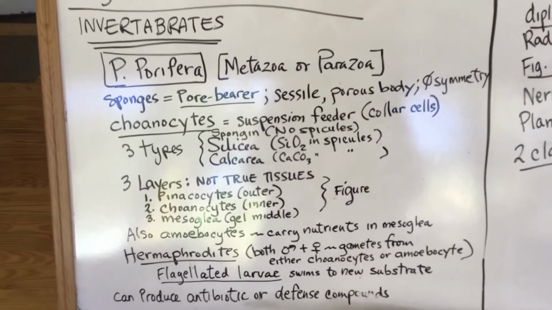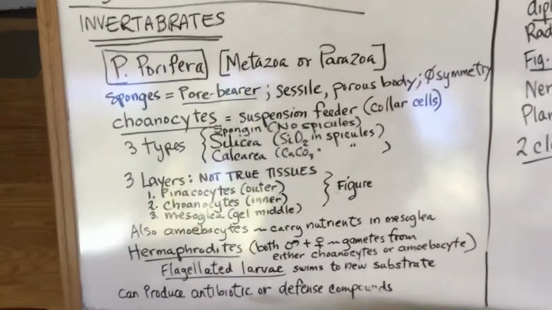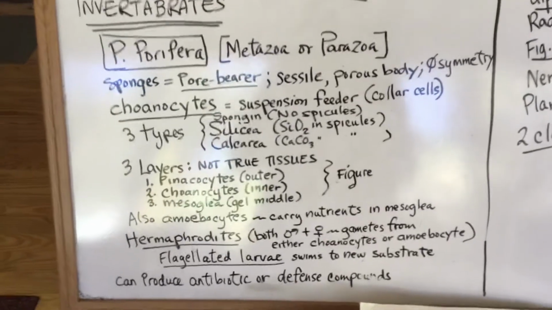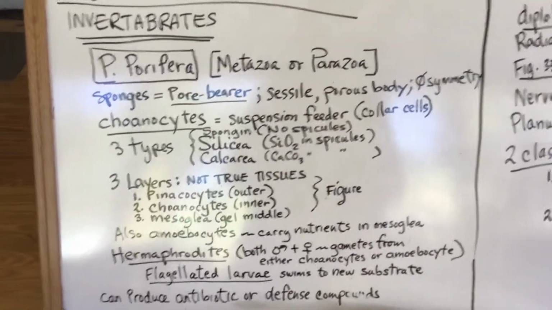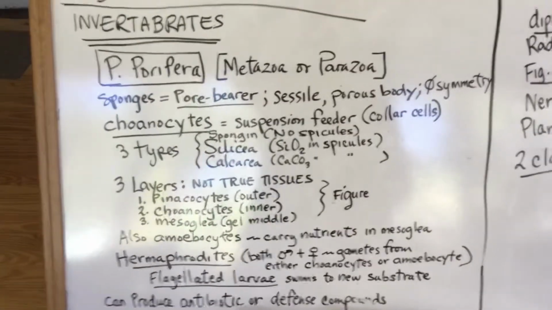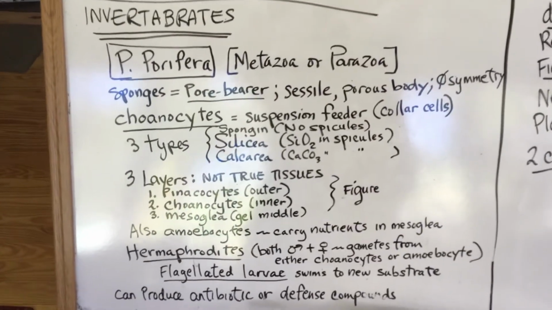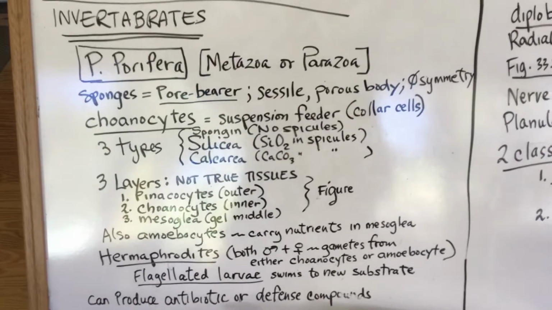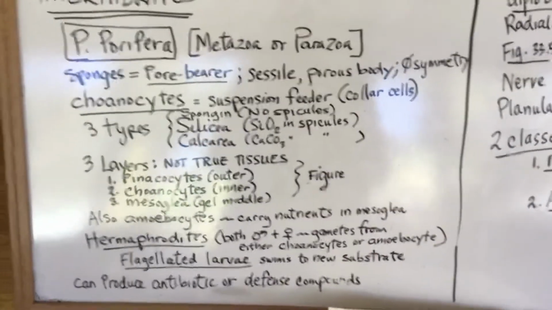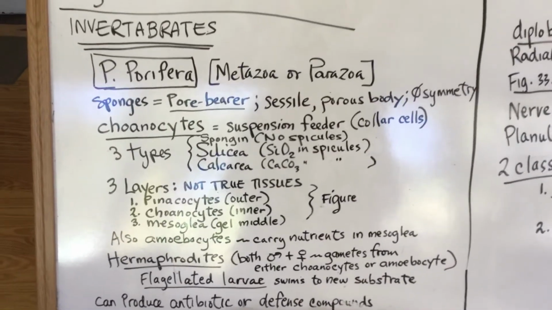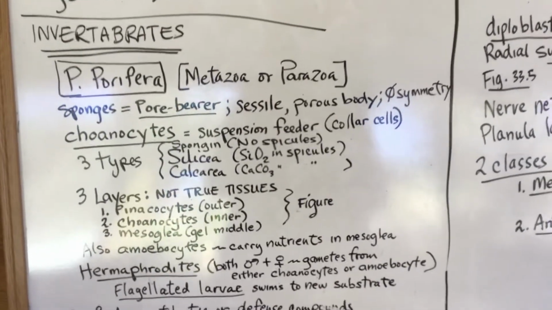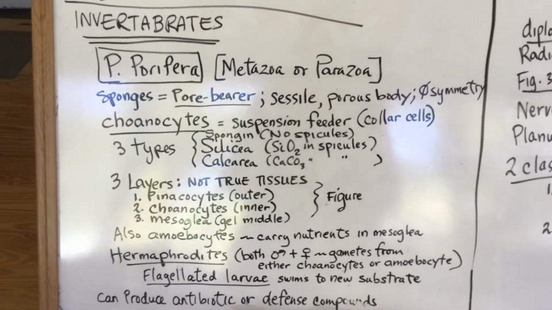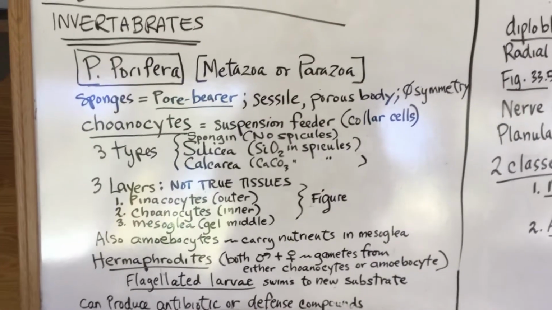These are the sponges. So they are considered metazoa or parazoa. That's because they have no true cell layers or tissue layers. The term porifera means pore bearer. These organisms are sessile, meaning that they are attached to a substrate of some sort, a rock, or even a piece of coral, another organism like coral or something like that.